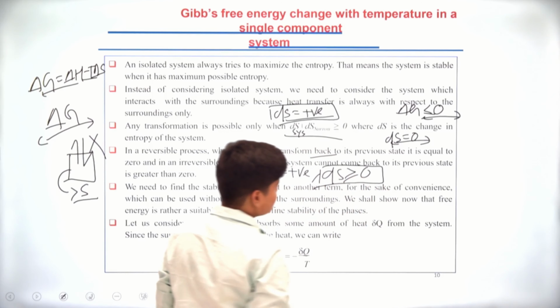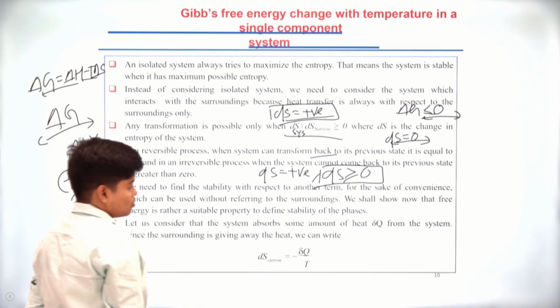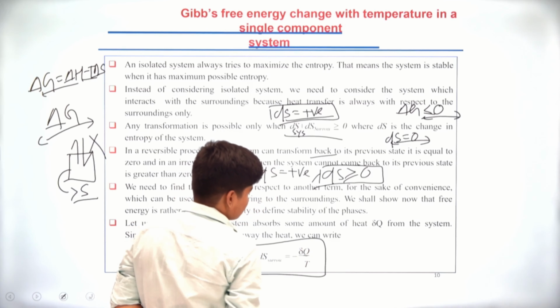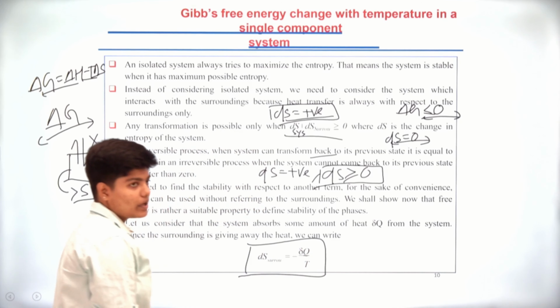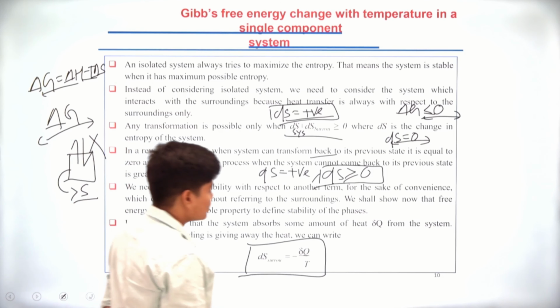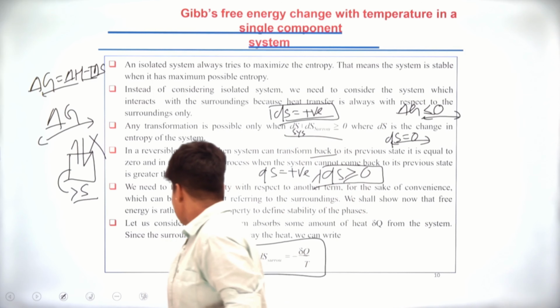So now if dS is greater than 0, from the thermodynamic law we can write dS of the surrounding as minus dq by T. It is one of the equations of thermodynamics. We can calculate the entropy if we know the temperature and the change in heat.